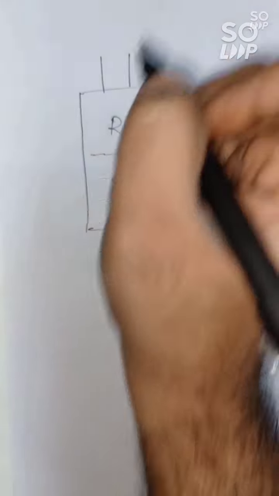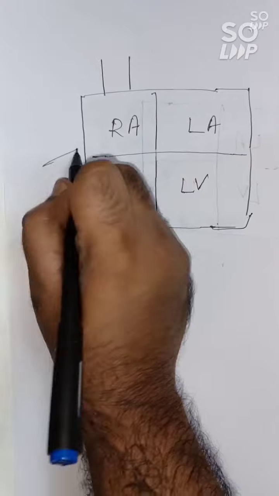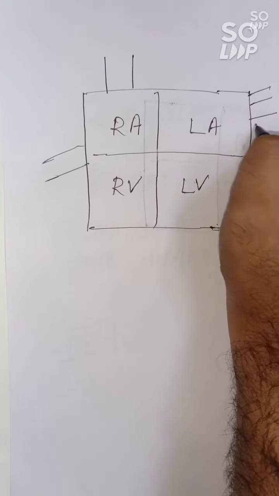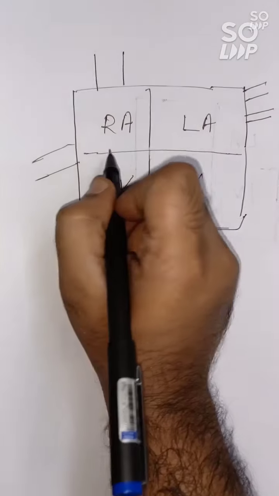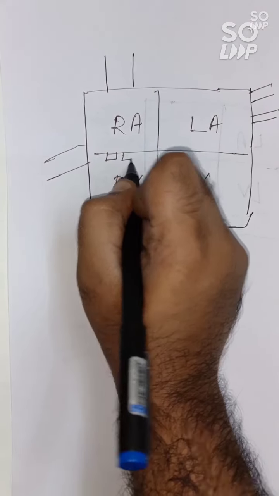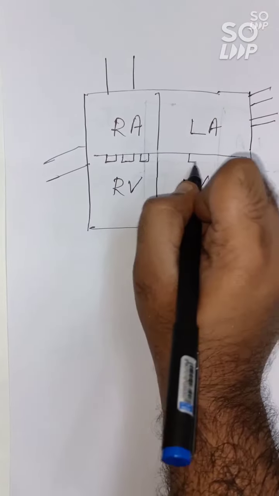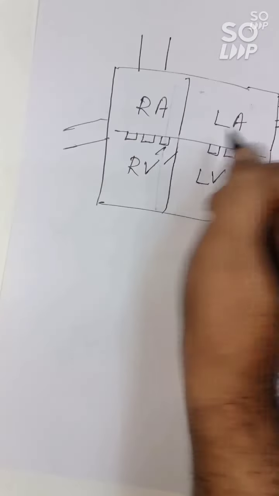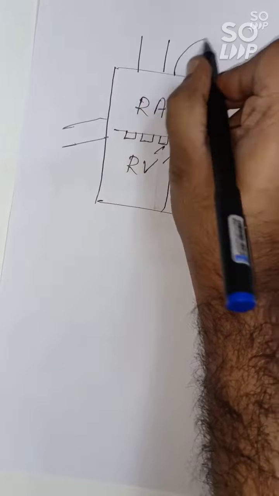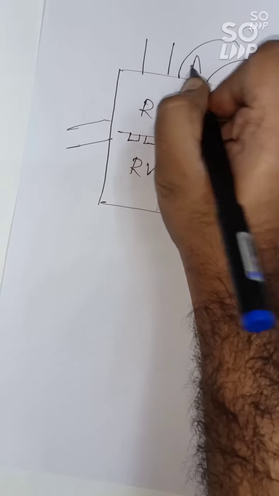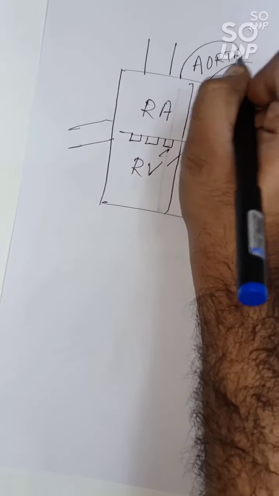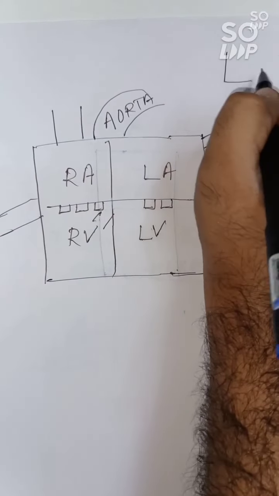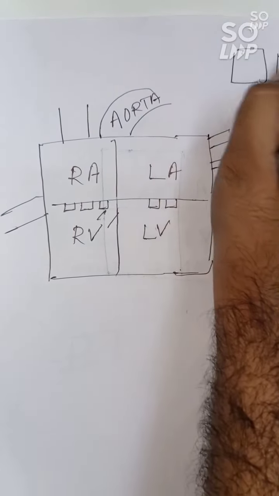This is superior vena cava, this is inferior vena cava, this is pulmonary veins, this is tricuspid valve, this is bicuspid valve, and this is pulmonary artery, and this is aorta, and this is the lungs, 2 lungs.